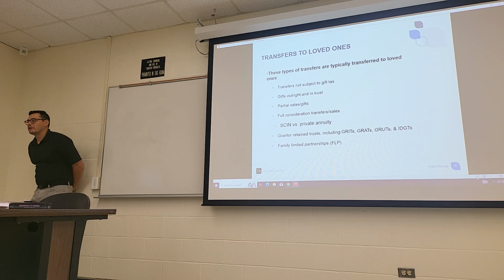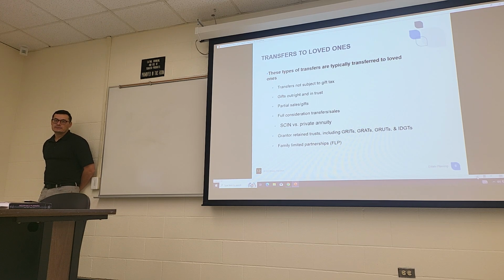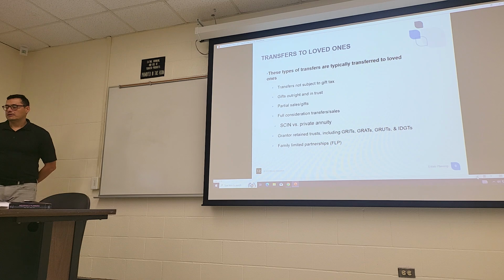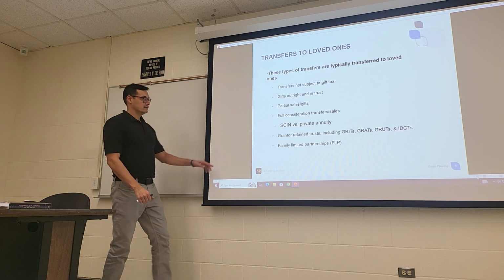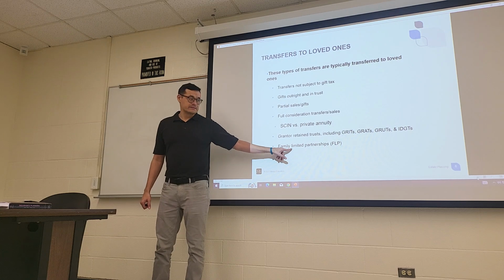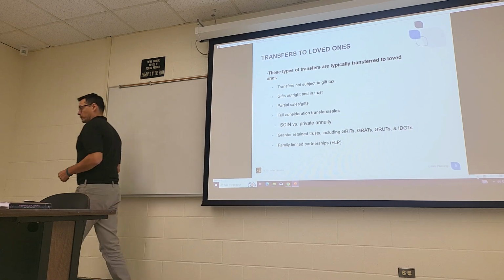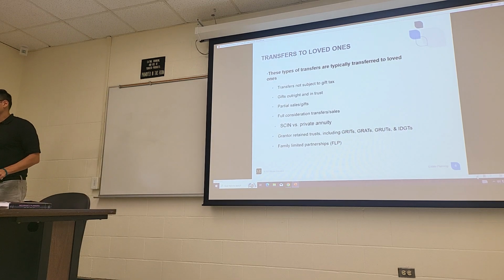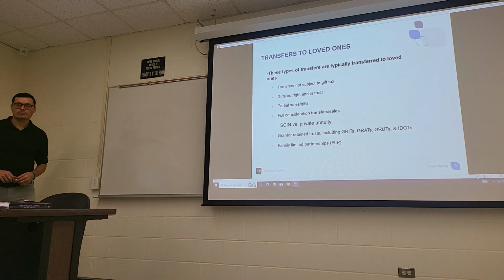We're going to talk about self-canceling installment notes, SCINs. I know it sounds kind of gruesome, but it is. And private annuities. We're going to talk about different types of trusts, and then we'll look at family limited partnerships at the very end. This is going to be the important one.